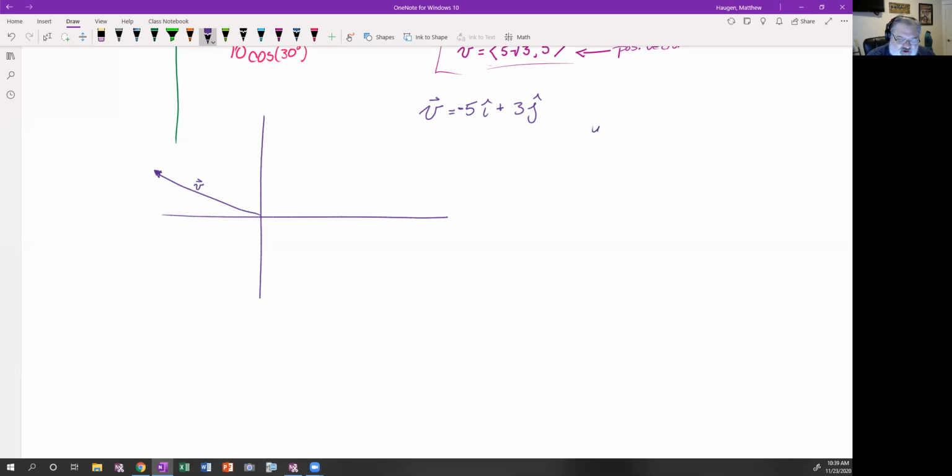And somebody asks us, what is the magnitude of v? And similarly, they ask, what direction is v going in?